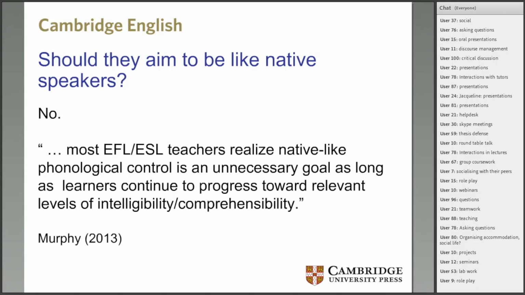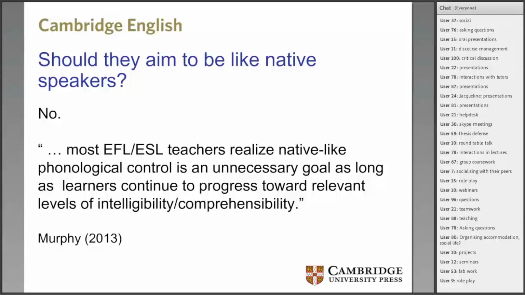I would say no. Most of the literature that you look at, not just in EAP, but also for most non-native speakers, when you're focusing on pronunciation, in most cases, there is no aim to make them sound like native speakers.